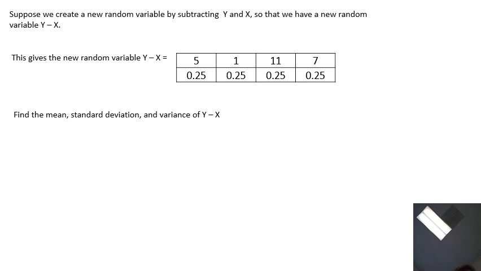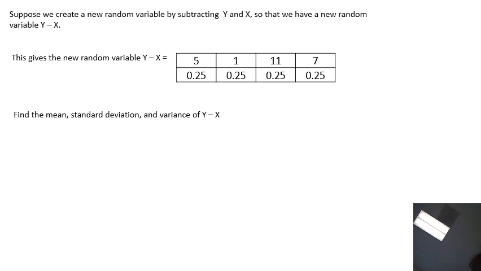Suppose we create a new random variable by subtracting, so we have a new random variable y minus x. Let's now find the mean, standard deviation, and variance of y minus x. I'm going to pause here for a minute. You hit pause on the video and calculate those with your calculator.